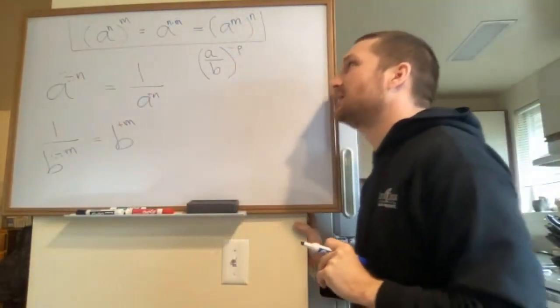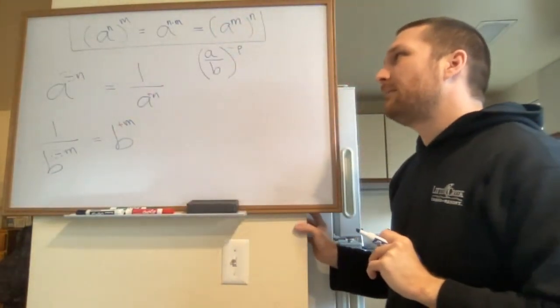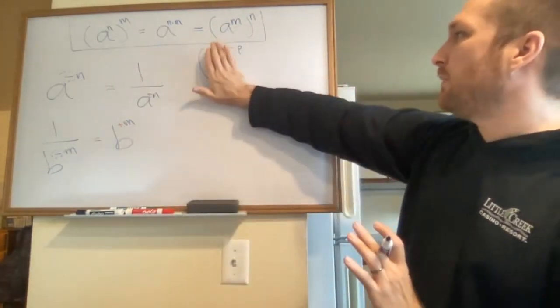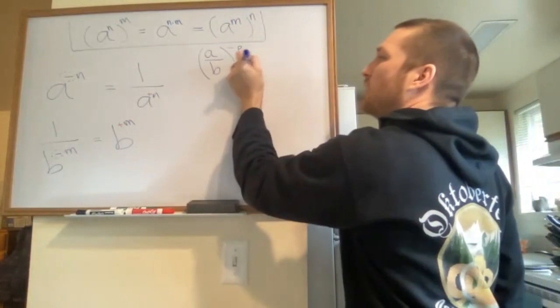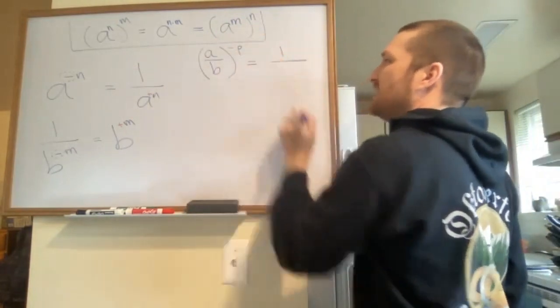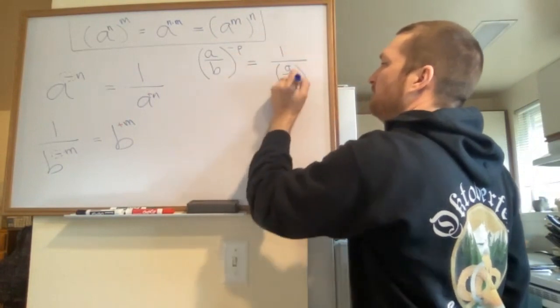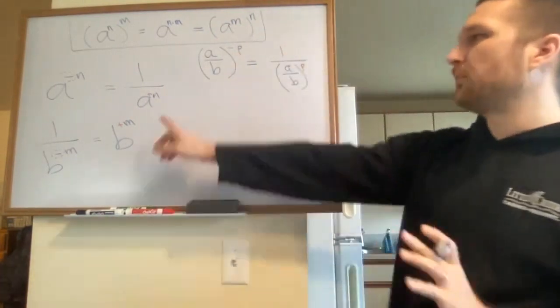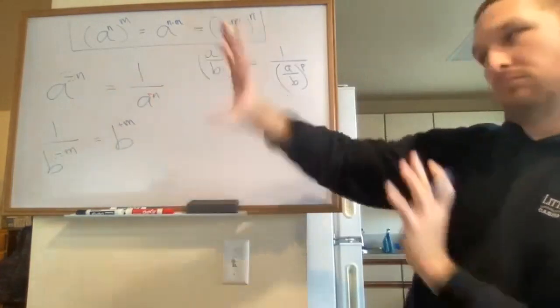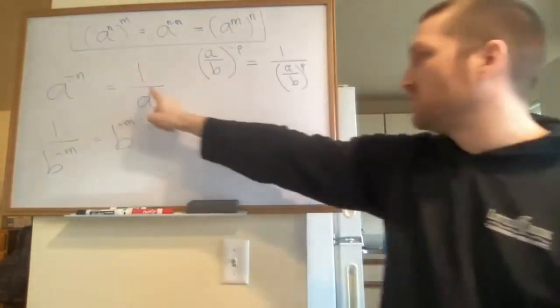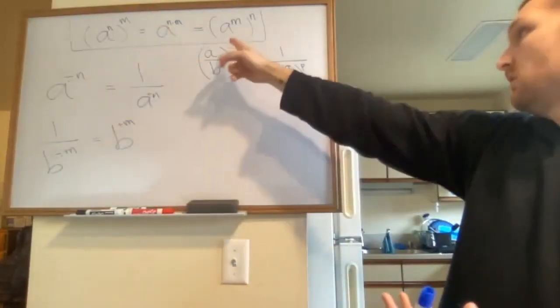Uh-oh. Well, let's just think about it, right? Some number raised to a negative power means take me to the opposite side of a divide sign and make me positive. So I'm not using my brain here, right? I just said, well, this symbol comes down here and then we change the negative to a positive. Okay, so that's all I did right here.